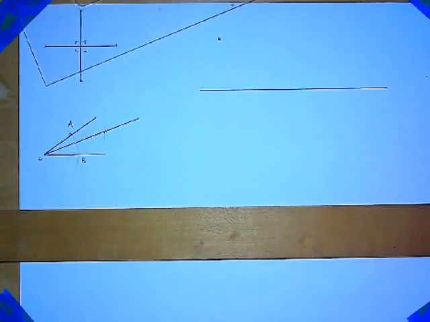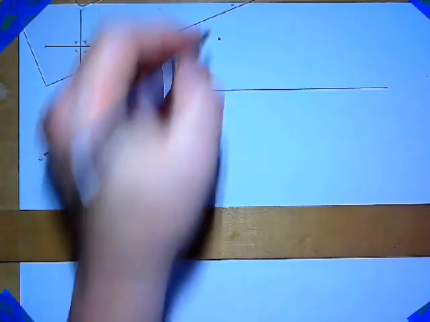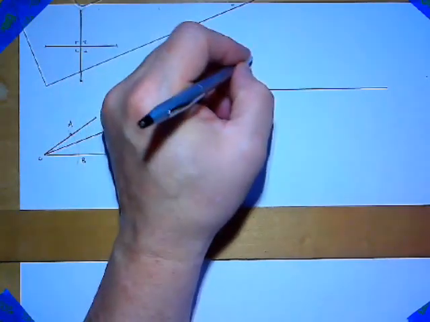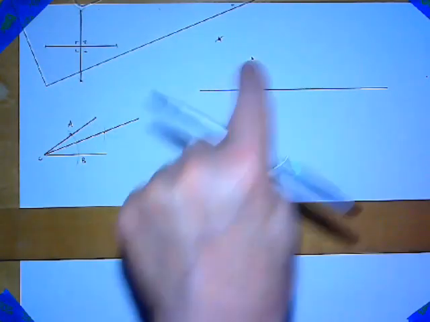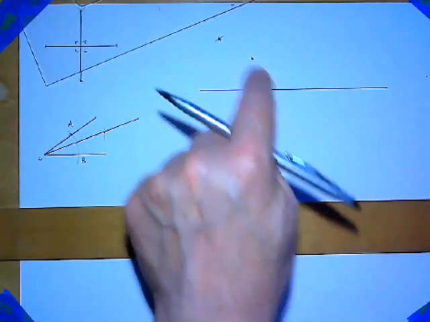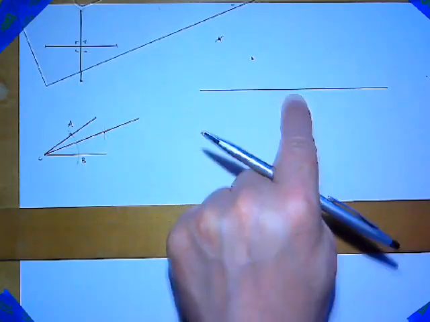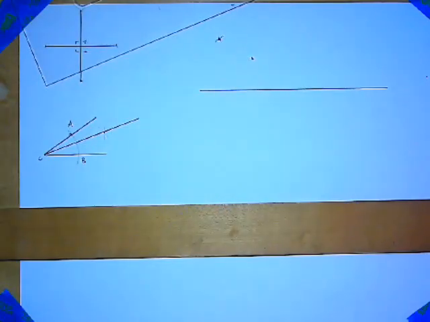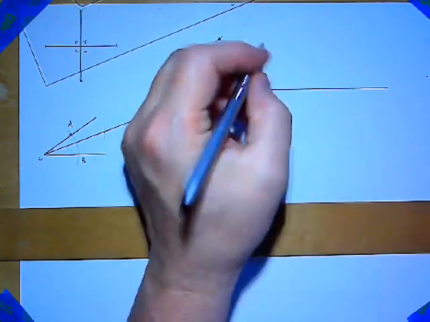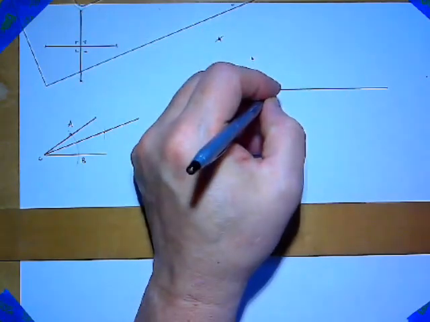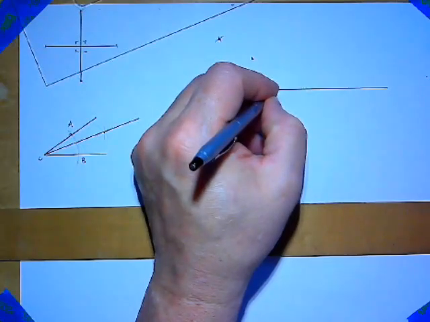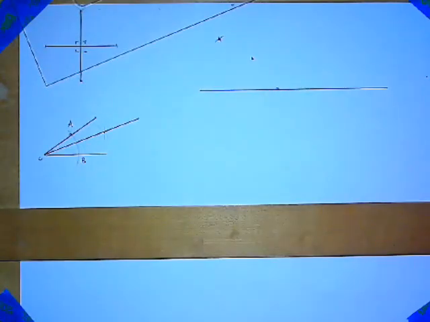All right, and that's going to be a little too big for my paper here, so forget that one. Let me go here. So there's a point. Here's a line. I want to come up with a circle that goes through this point and is tangent to that line. There's actually an infinite number of them that would work. But so let's just pick one spot in the line. I'll pick that one.